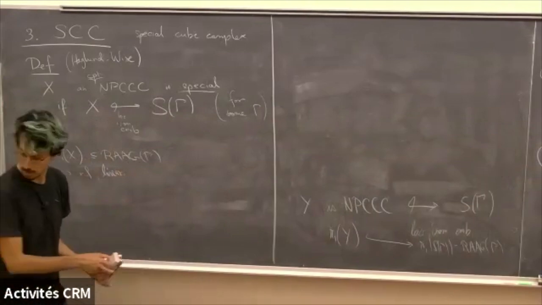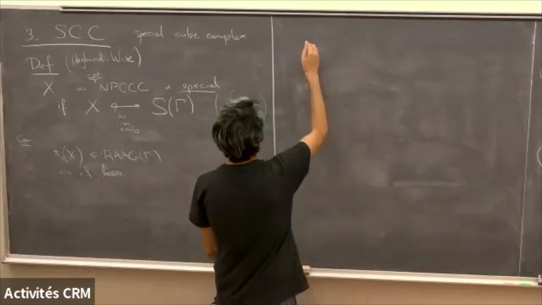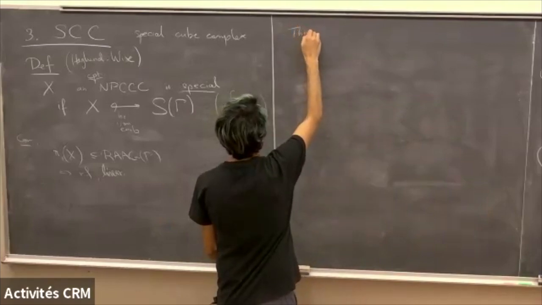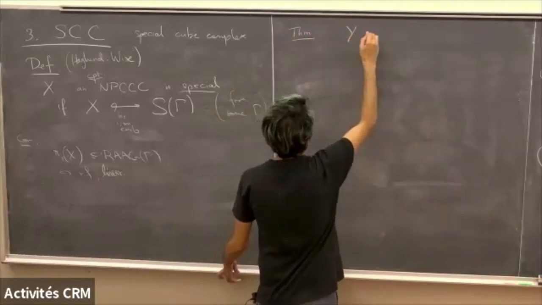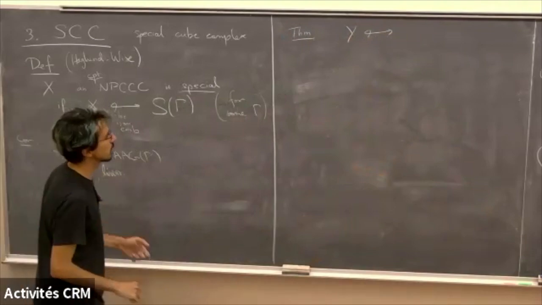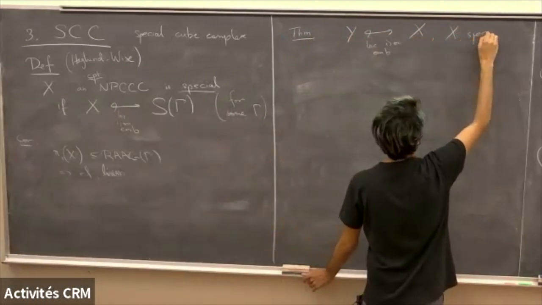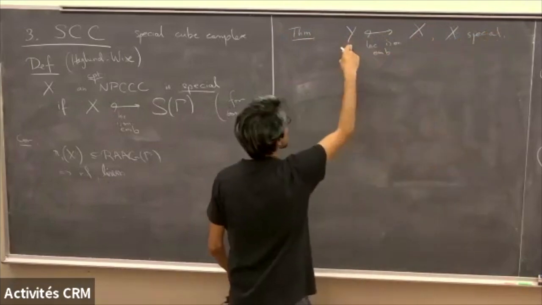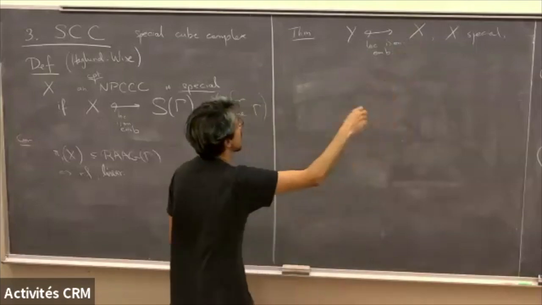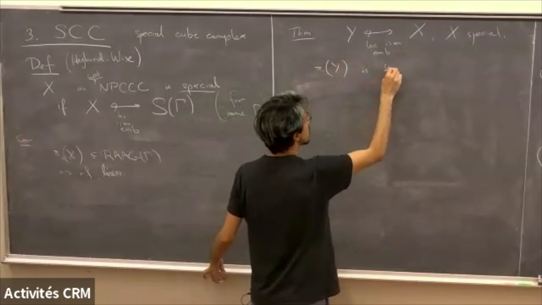So what we get is that if y locally isometrically embeds in X, which is special, then pi1 of y is a subgroup of pi1 of X again, but the point is this is separable.